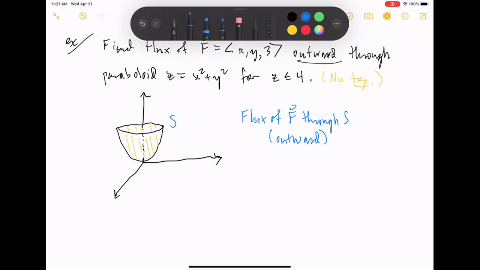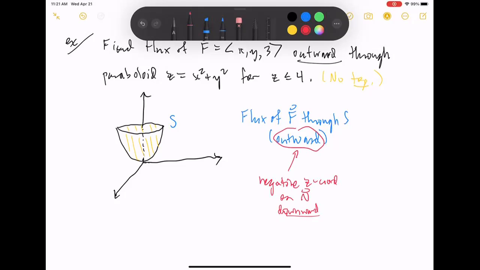Negative z coordinates. Okay. So outward means that we're going to have a negative z coordinate on n. So that means I want the downward oriented normal. Yes? Okay, the downward oriented normal.